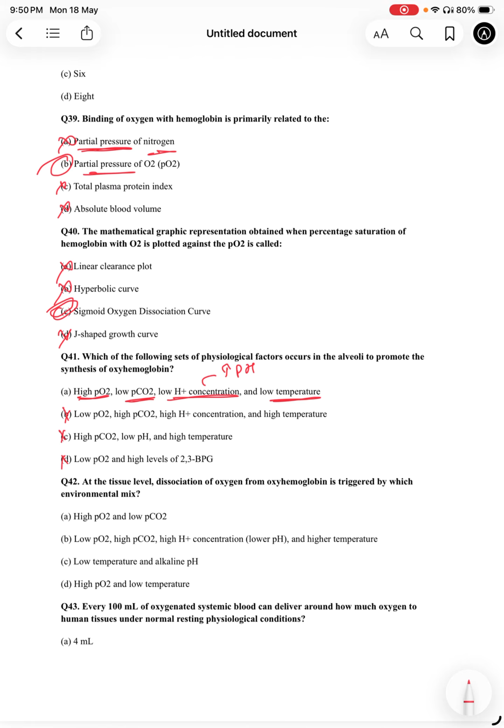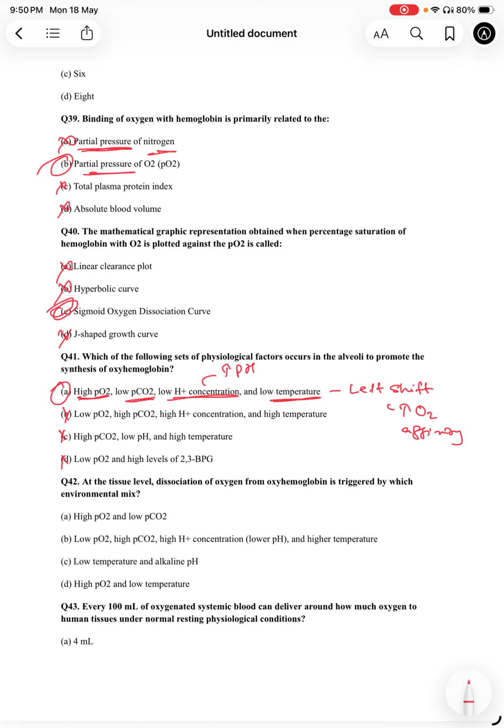Okay. Together they cause what kind of curve shift? They cause a left shift in the curve. So there's an increased oxygen affinity. Okay. At tissue level, dissociation of oxygen from oxyhemoglobin is triggered by which environmental mix?